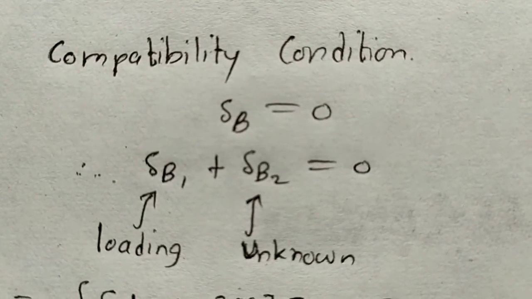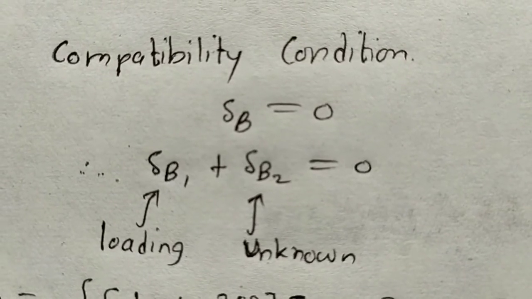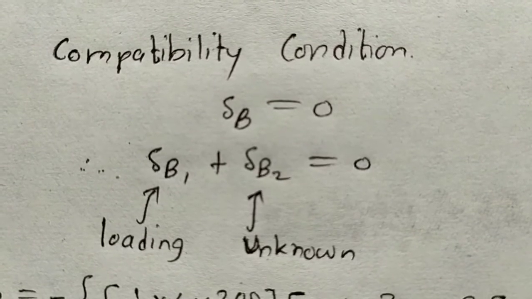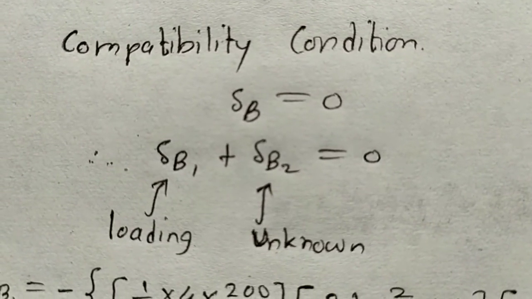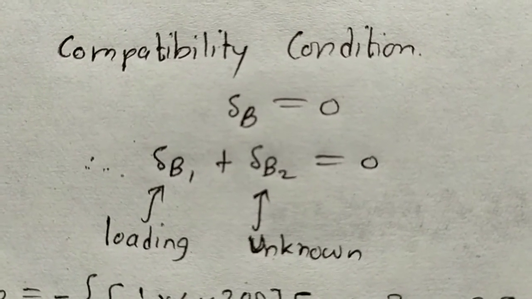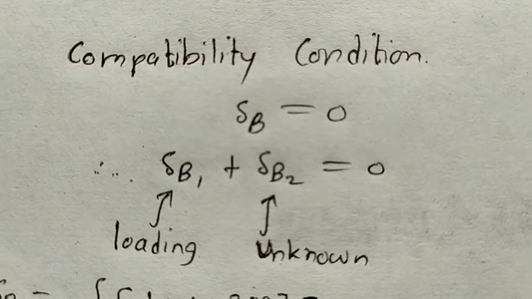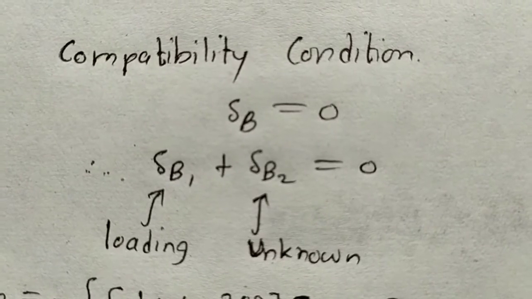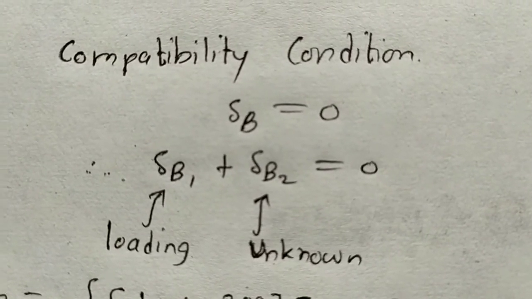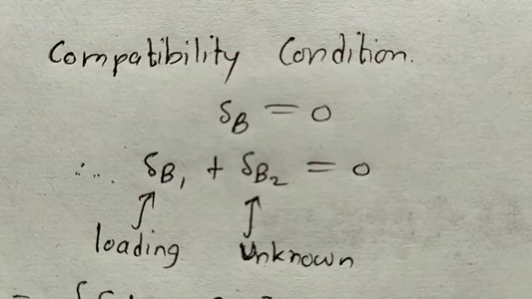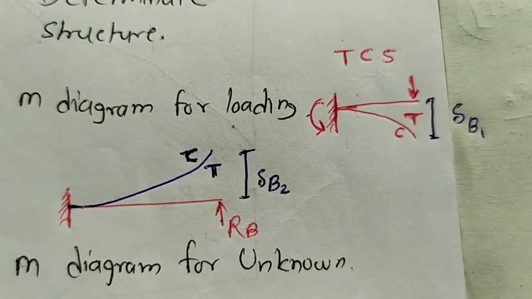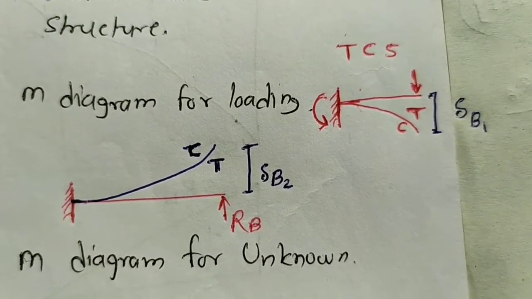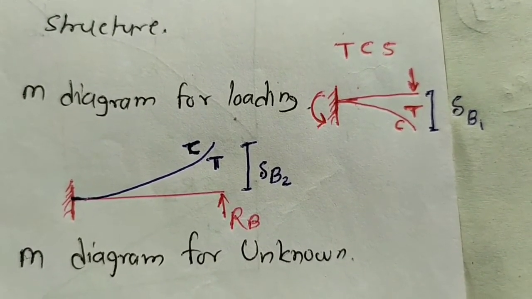That's why I have written the compatibility condition for joint B, that is delta B equals 0. Delta B is comprised of two things, delta B1 plus delta B2. Delta B1 is the displacement because of the application of loading, and delta B2 is the displacement because of the application of the unknown.